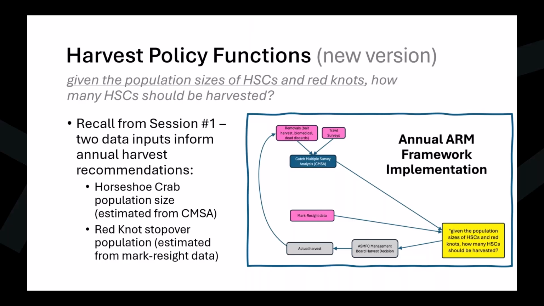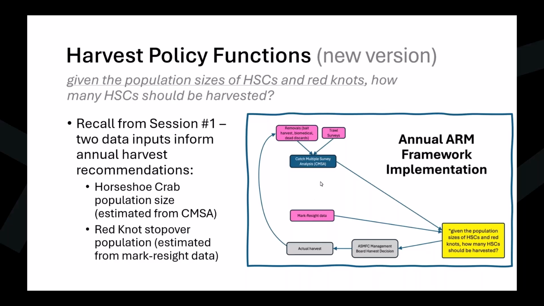But once you have these harvest policy functions, then you know for any given state of the system, in other words, for any of these abundances, whether it be male, female horseshoe crabs, or red knots, you plug those values in, which are shown down here in the boxes in this schematic. Oh, I'm sorry.